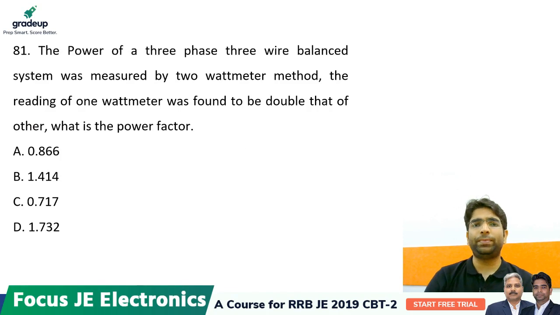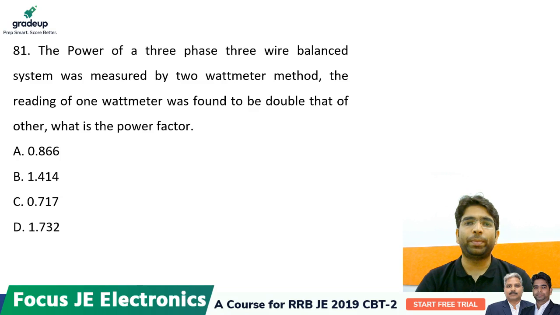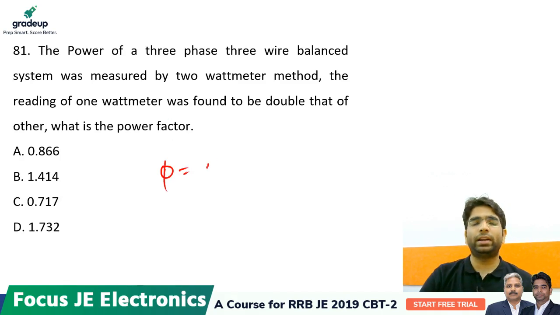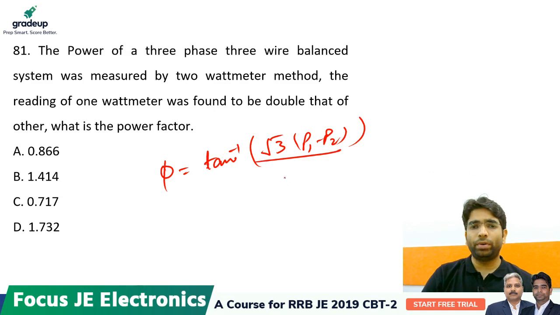The power of a 3-phase 3-wire balanced load was measured by the 2 wattmeter method. The reading of one wattmeter was found to be double the other. What is the power factor? The power factor angle is given by tan inverse of root 3 times (P1 minus P2) upon (P1 plus P2).